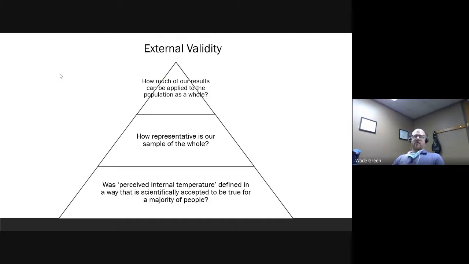What is the working definition of perceived internal temperature, and how has that been defined? We can then take that definition from the literature and utilize it in our study to ensure that we are meeting the broadest criteria with our question for the broadest number of people, so that our findings are the most generalizable to the environment. And the other thing is, how representative is our sample of the whole?